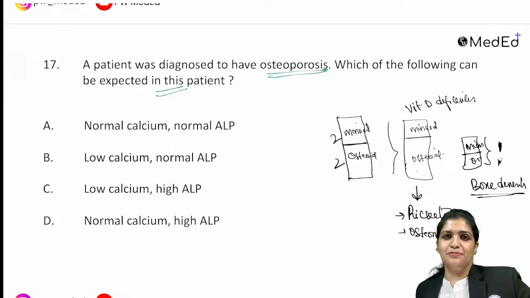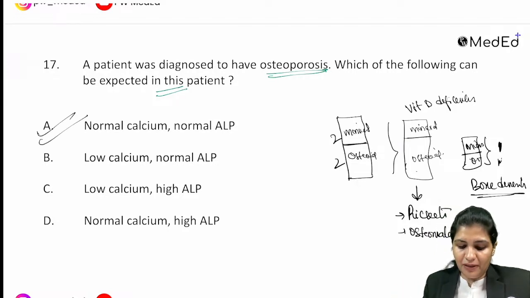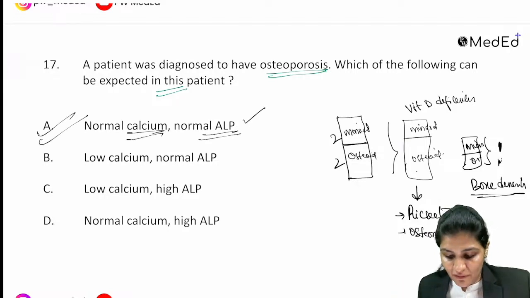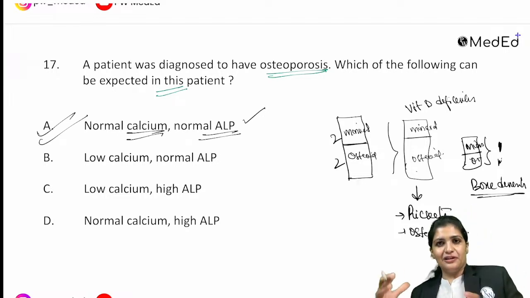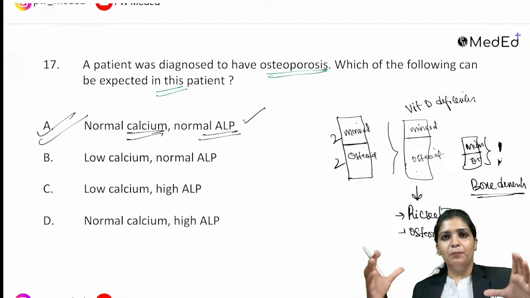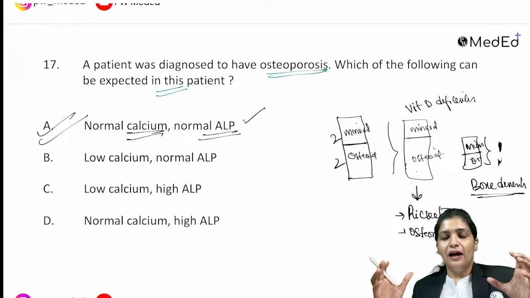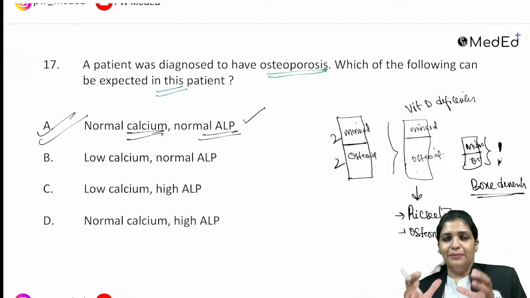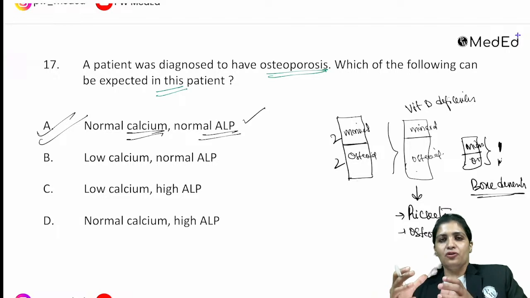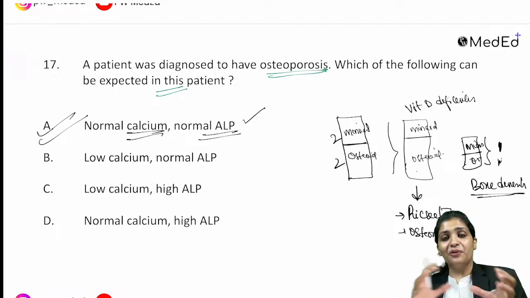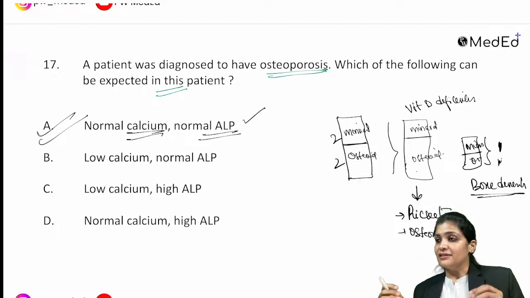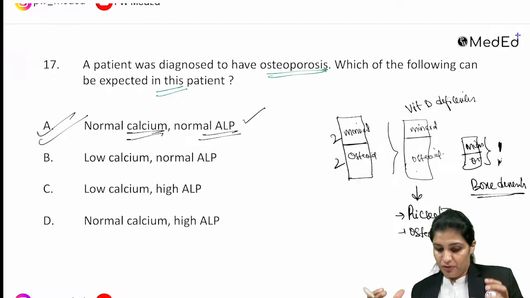This is osteoporosis, where you see everything normal, that is normal calcium and normal alkaline phosphatase. That means the patient is suffering with decreased bone mineral density. The amount of mineral and osteoid both have decreased, but the ratio is the same. So this is called osteoporosis, right?